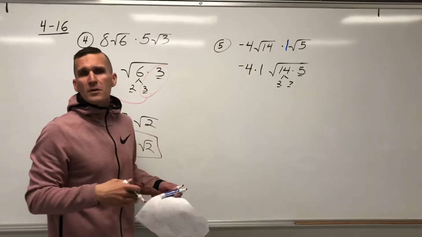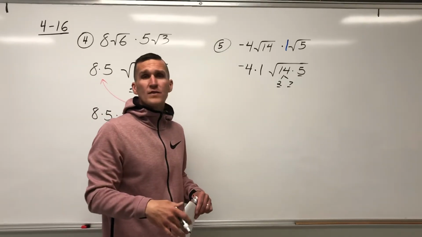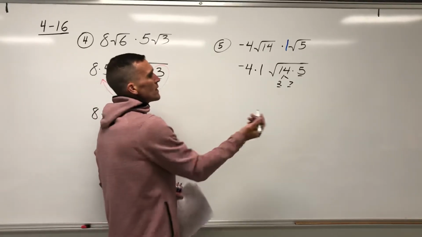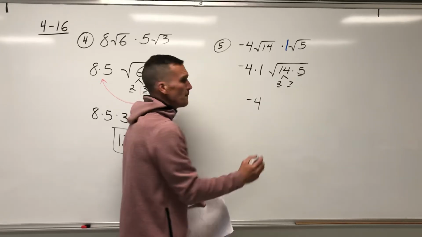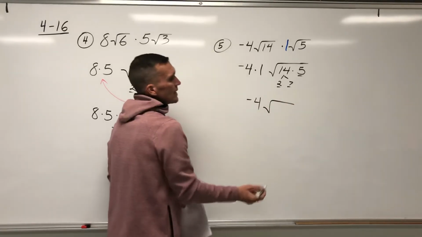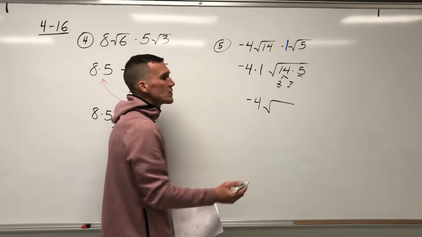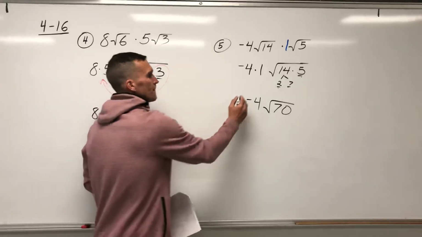So in the last couple examples, you've seen where the square roots have had pairs and they got to come outside the square roots. That doesn't have to be the case. So in this problem, I'll do negative 4 times 1 is negative 4 on the outside. I'll put my square root symbol, and I have to take my 2 times my 7 times my 5, which is a total of 70 on the inside.